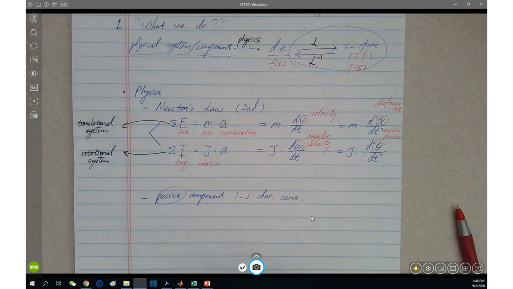Anyone? Or let me ask this: who is the typical active electric component? The typical active one is the transistor.